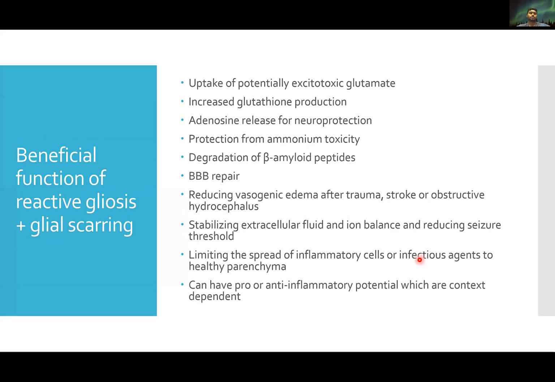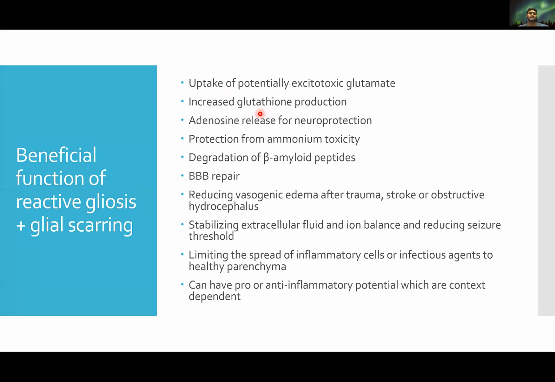So what are the beneficial functions of reactive gliosis and glial scarring? Well, when there's more reactive gliosis, sometimes it can help and increase the uptake of these potentially excitotoxic glutamates, and increase glutathione production, an antioxidant, which will help sequester these ROS species and prevent oxidation of random proteins and molecules, which can significantly disrupt the functioning of the CNS.